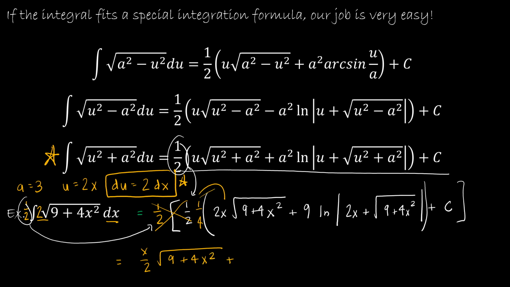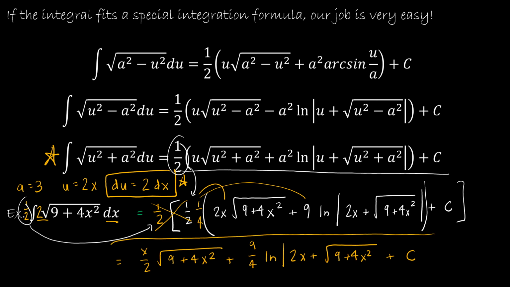And then I have 1/4 times 9, so that's 9/4, natural log of 2x plus root 9 plus 4x squared, and then plus c. And that is my final answer. And I challenge you to go ahead and try to find the answer to that using the method we had before, and you will see how much work it would have taken, whereas here all I have to do is plug and chug.